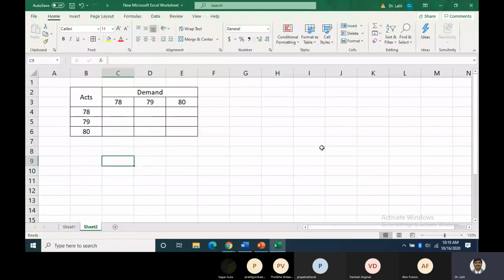Right. So what would be the payout? Payout कितना होगा? See, if he manufactures 78 bottles, right? So, see, payout for each bottle is how much?